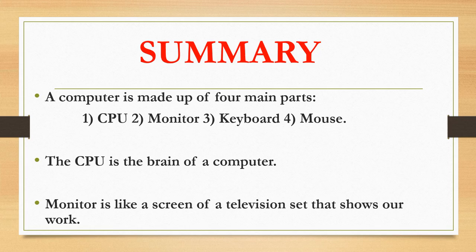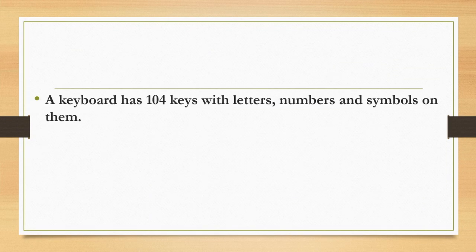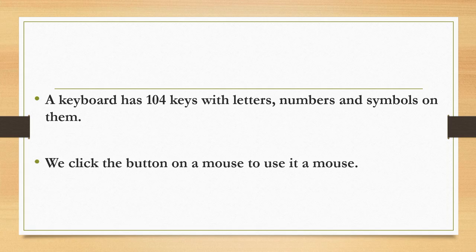Monitor is like the screen of a television set that shows our work. A keyboard has 104 keys with letters, numbers and symbols on them. We click the button on a mouse to use it.